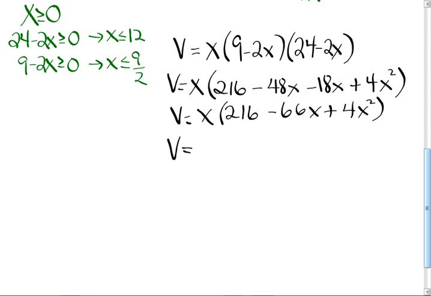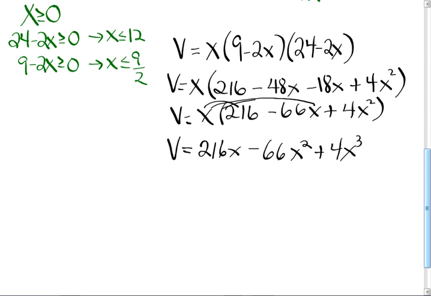What's x times 216? 216x minus 66x squared plus 4x cubed. I'm just distributing my x's. That's a good question. If you see a step here, if you don't know how I got it, you got to ask me.